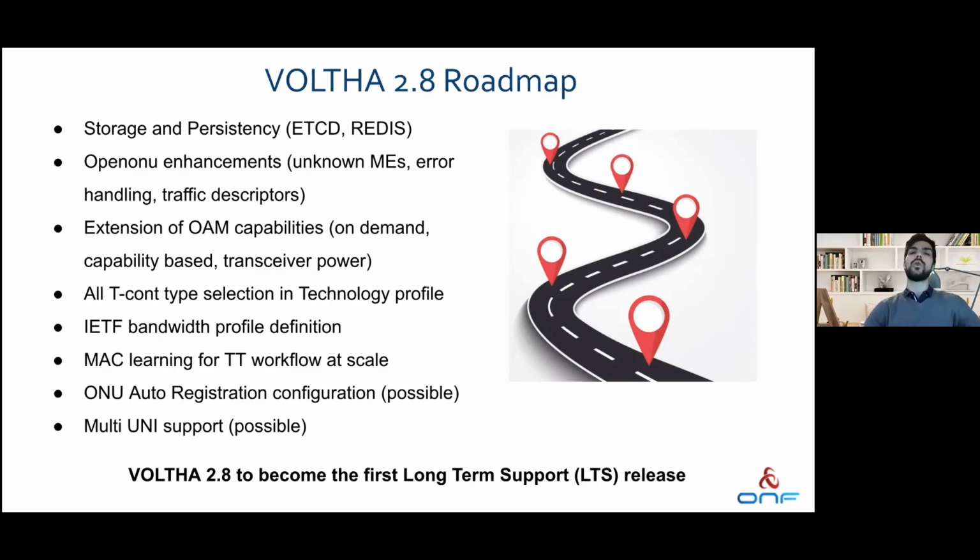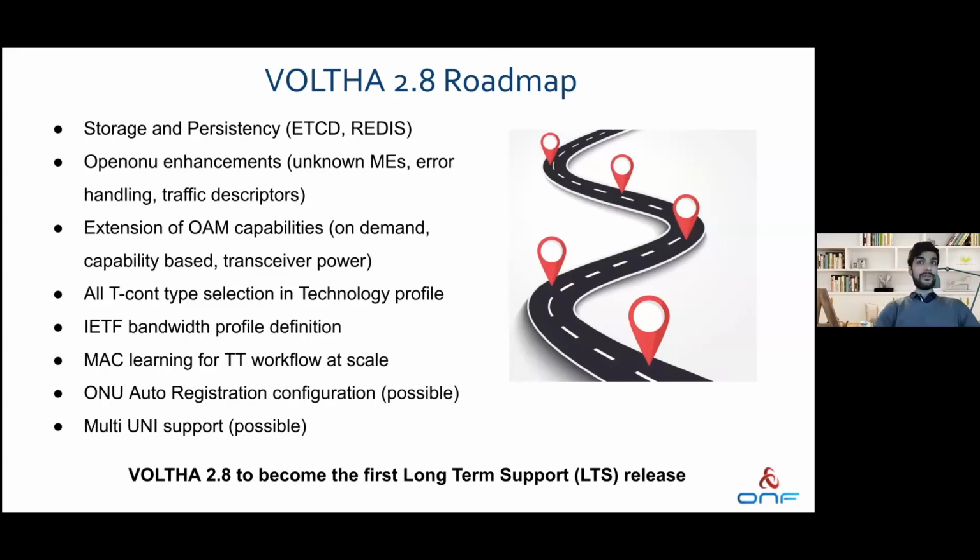We want to do some OpenONU enhancements, especially unknown MEs, error handling, traffic descriptors, and finish the updates of the ONU software upgrade APIs, and possibly also multi-UNI support. There's a lot that ties into the OpenONU Go adapter.